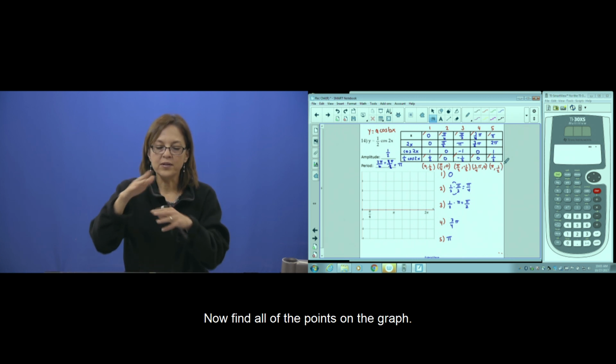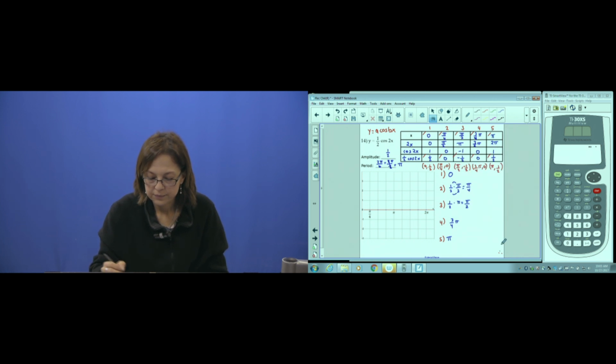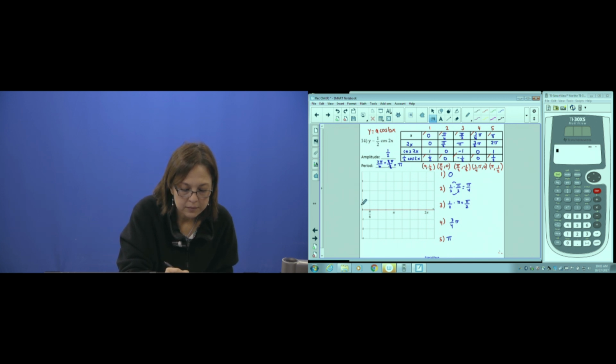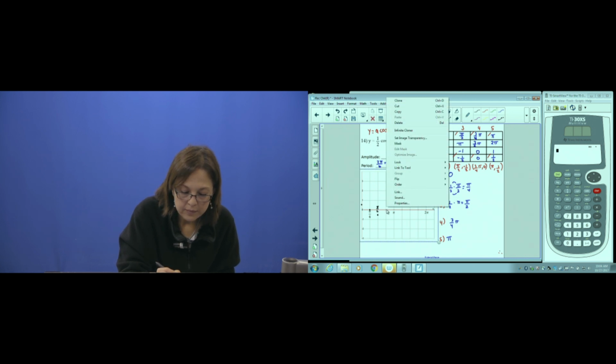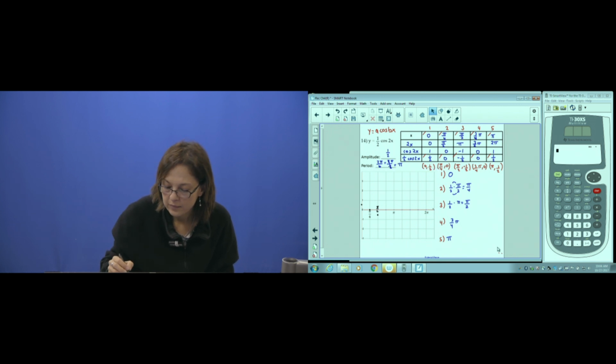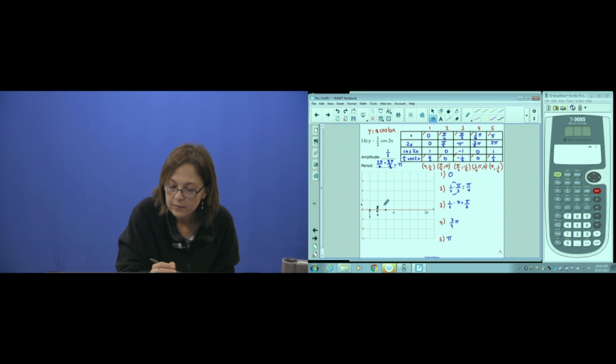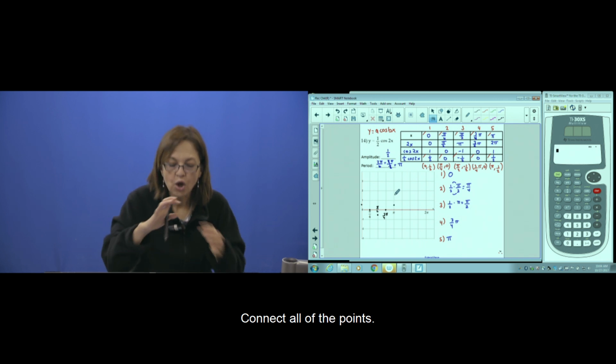Now find all the points on the graph. Connect all the points.